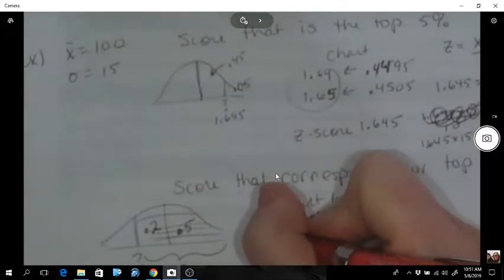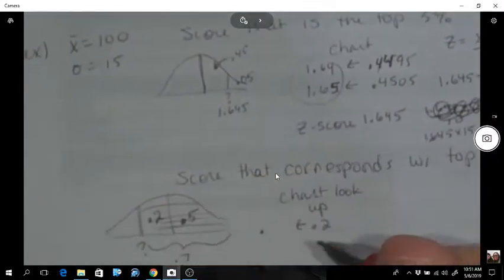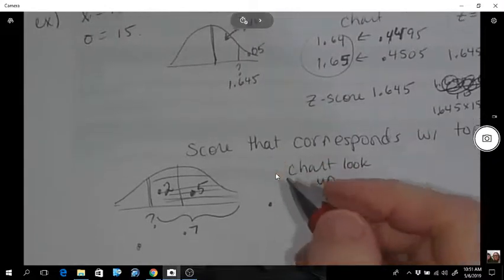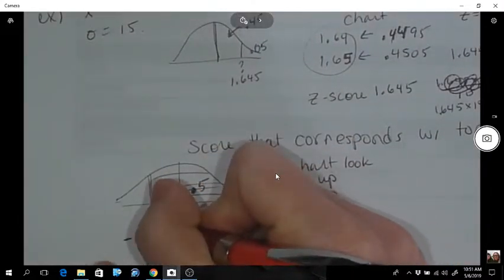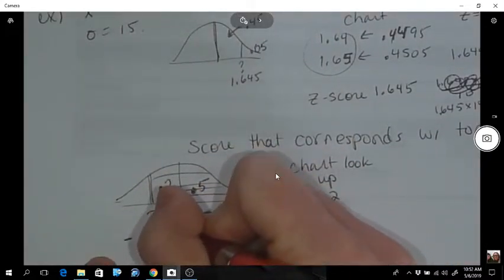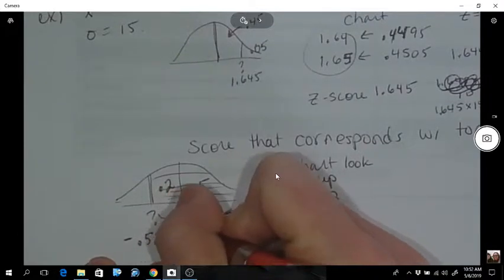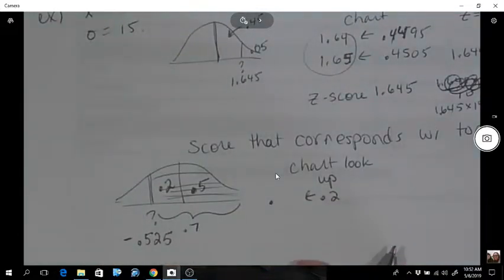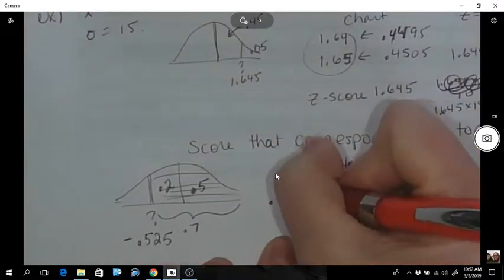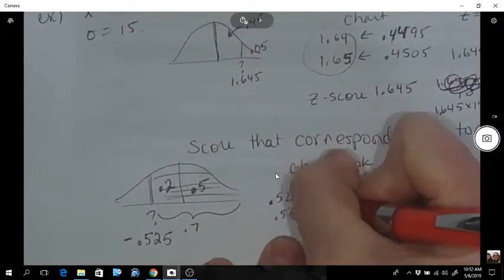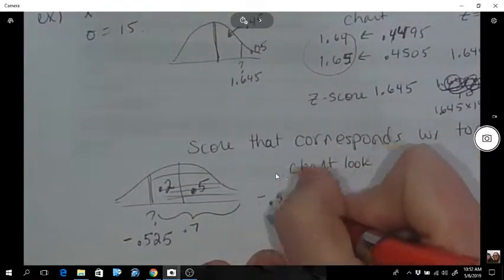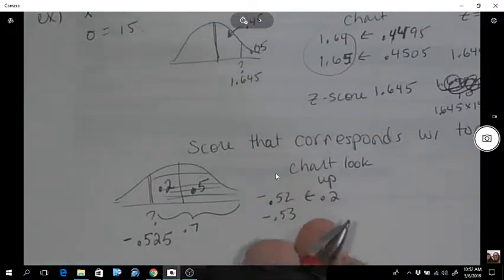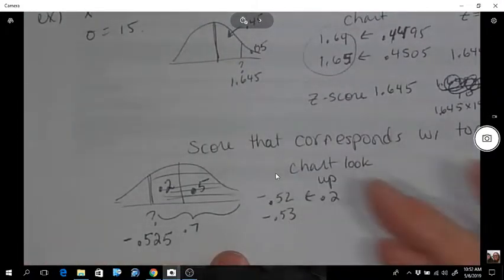So the score is, put it right here. So it's a negative, we're on that side, 0.52, and we're going to go halfway between. Okay, because we looked up and 0.2 was right in the middle of that. Okay, but that's not what I want.